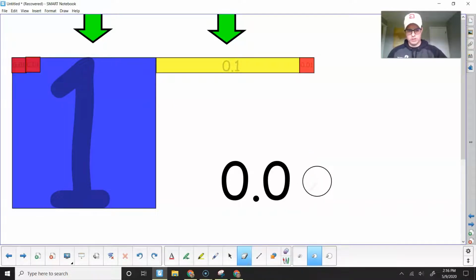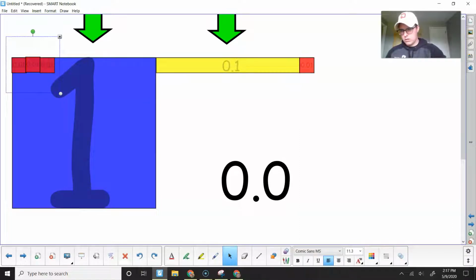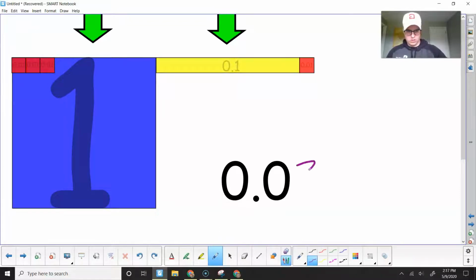Let's keep going. 0.03. 0.04. Add another one. And I'm at 0.05.